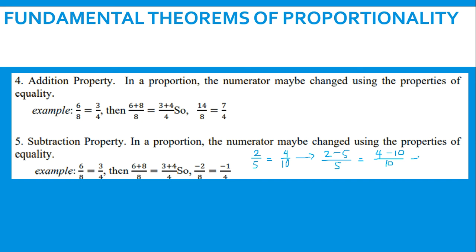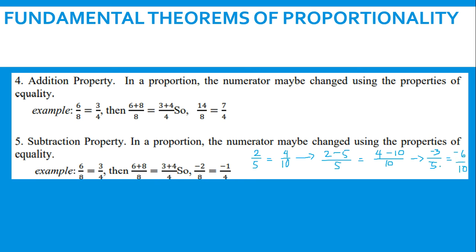Then it becomes 2 minus 5, that is negative 3 over 5, equals 4 minus 10, that is negative 6 over 10.